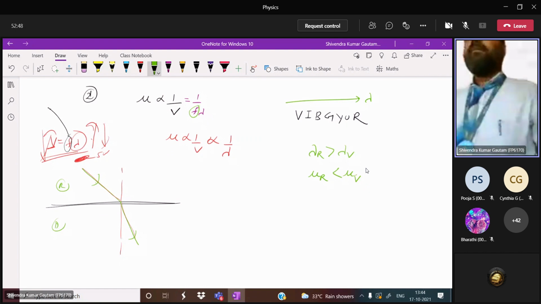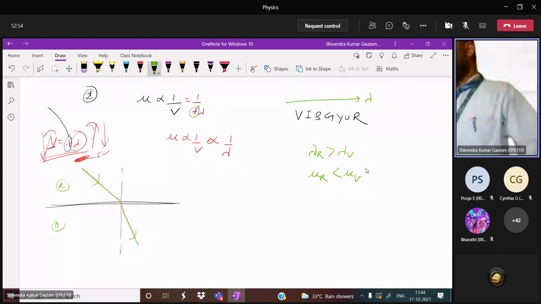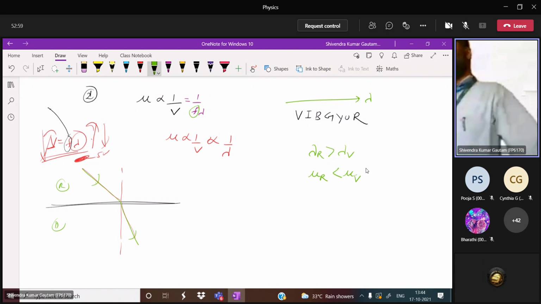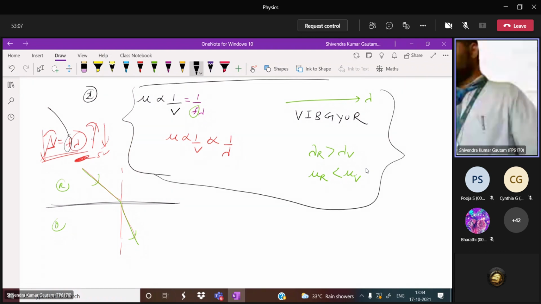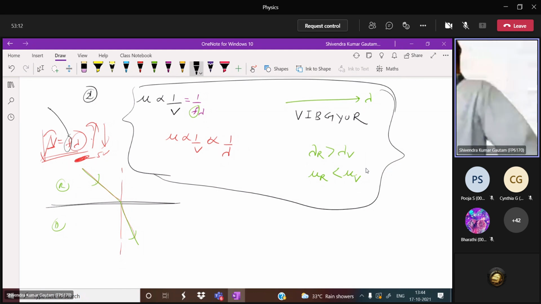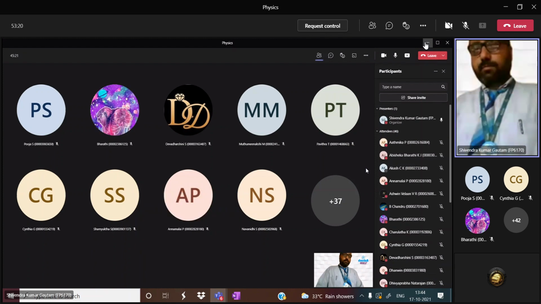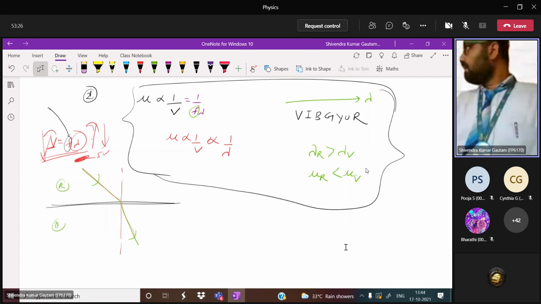So that's the second point: it depends on the color of light, in bracket wavelength lambda. Online students, understood this? Hello. Okay, so mu depends on the color of light.